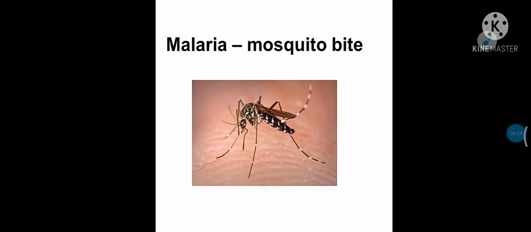Now children, we know that malaria is caused by the mosquito bite. But do you know that the protozoa actually cause the malaria? The mosquito carries the protozoa microbe and it transmits to our body when it bites us. This causes malaria.